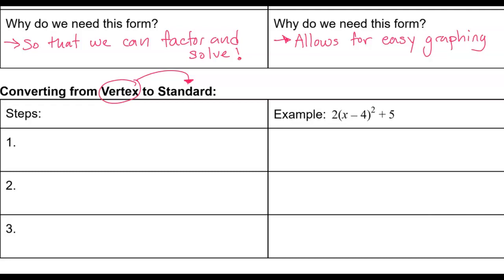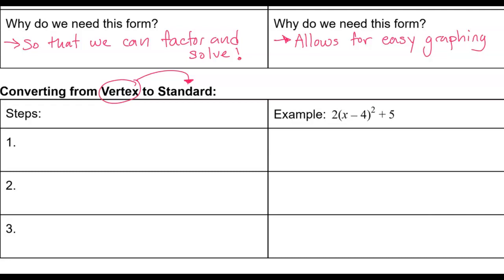So, because there's a square on the parentheses, we cannot distribute the 2 first. What does squaring mean? What does it mean if I say something is squared? You're multiplying something by itself. Good. So here, before you can distribute the 2, we actually have to deal with the square first.